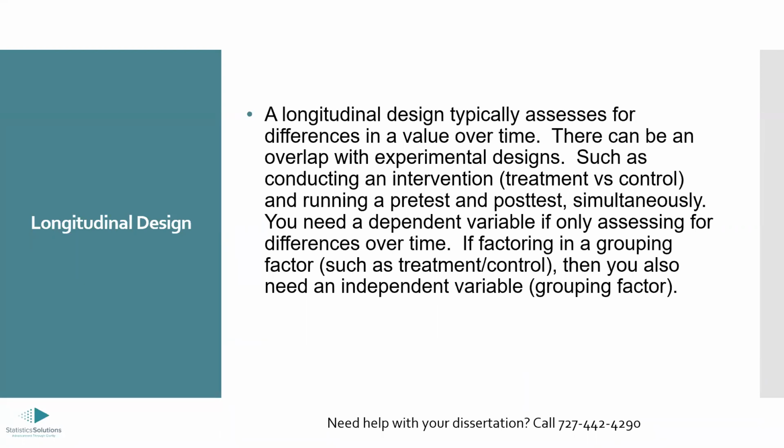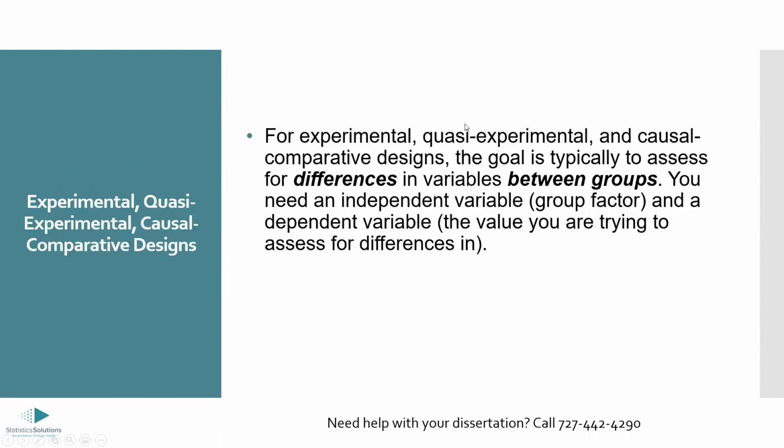Okay. We have a question from Georgina. I have multiple course grades to predict Praxis 1 and Praxis 2 test scores. What design is best fit for this predictive relational study? I think you said it yourself. It sounds predictive. So that falls under the correlational umbrella.